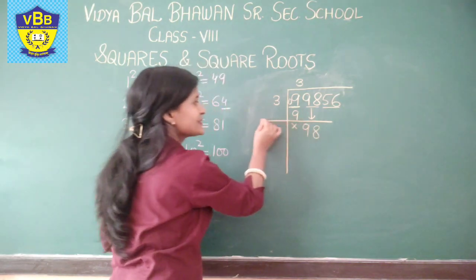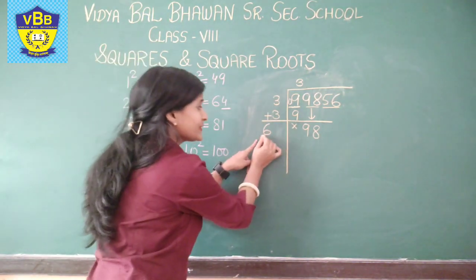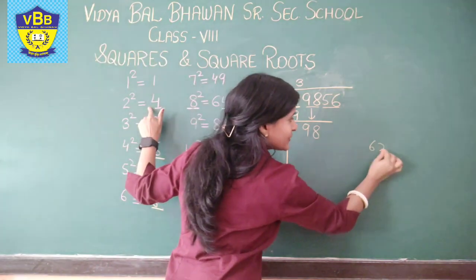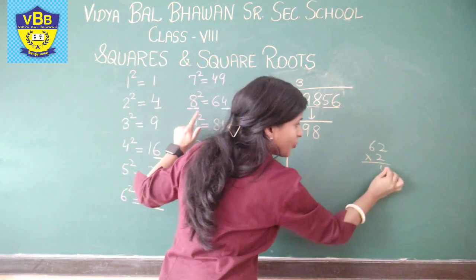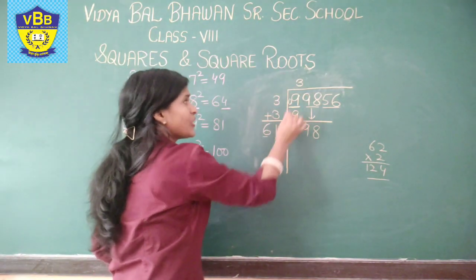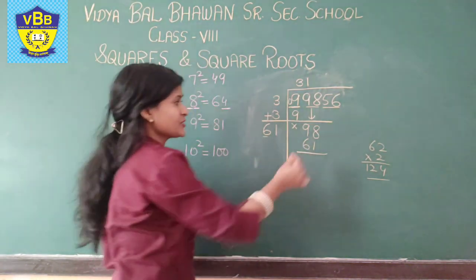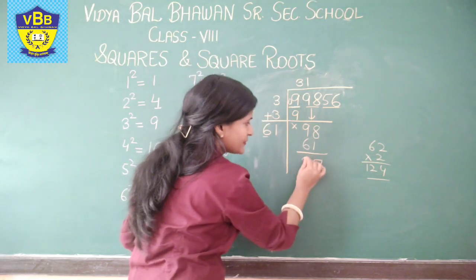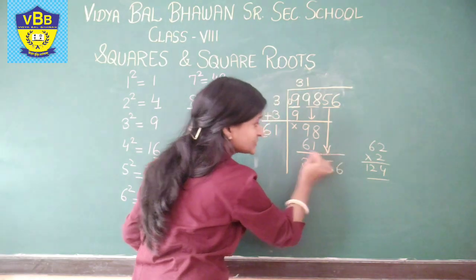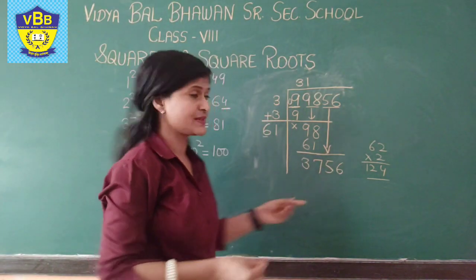The next step is to add 3, which gives you 6. Now if I put 2 here, 6 twos are 12, which is greater than 98. So we put 1 here: 1 one is 1, 6 ones are 61. Subtract the number, which leaves 37. Now take one more pair, 56, making 3756.